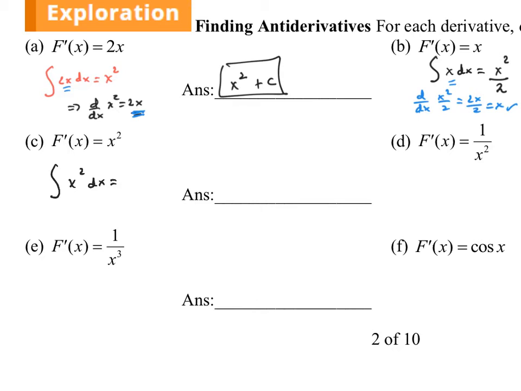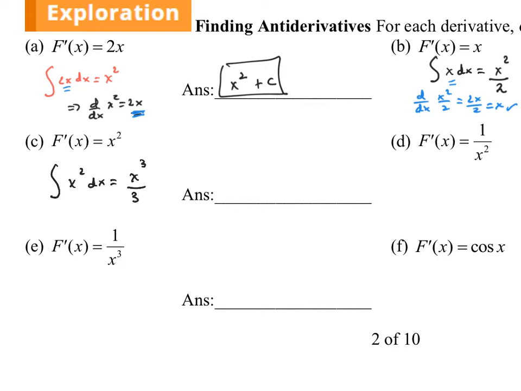So with derivatives, when I took the derivative, I went 1 power down, right? With antiderivatives, I need to go 1 power up. So I know if I take the derivative of x cubed, I get 3x squared, but I want just x squared. So how do I get rid of that 3?